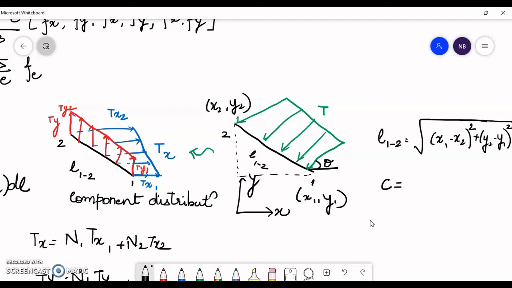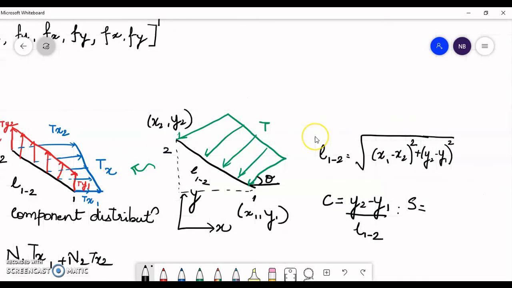If we want to get cos theta, it will be y2 minus y1 upon the length of 1 2. Similarly, sin theta will be given as x1 minus x2 upon the length of the member 1 2.